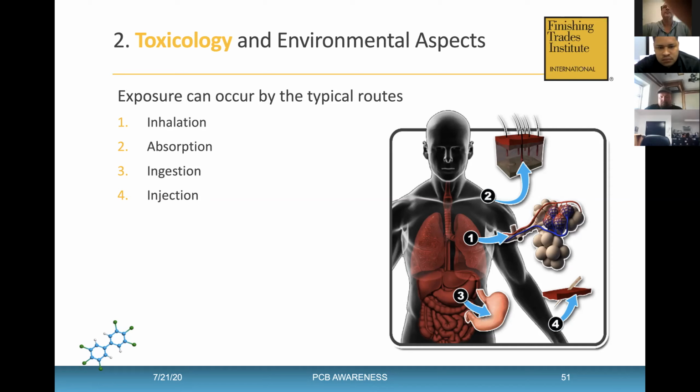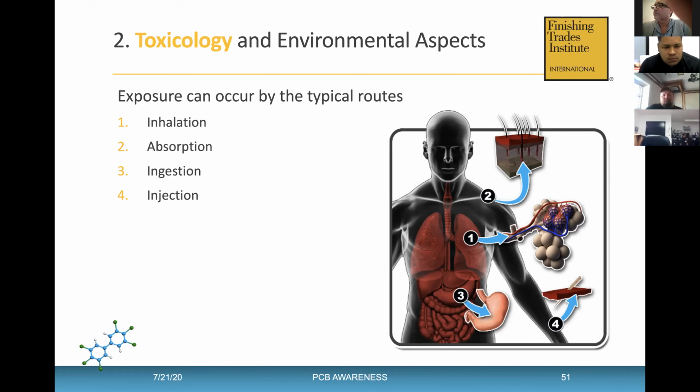So inhalation is typically the worst hazard for PCBs for workers. And it's like that with most chemicals, not everything. One of the reasons why is, you said it, we breathe a lot, right? Our lungs, if you were to spread them out, cover about the area of a tennis court, about 140 square meters. So there's a lot of surface area for chemicals to interact with when you breathe it in.